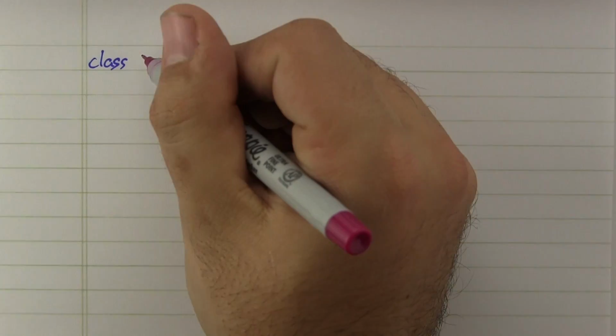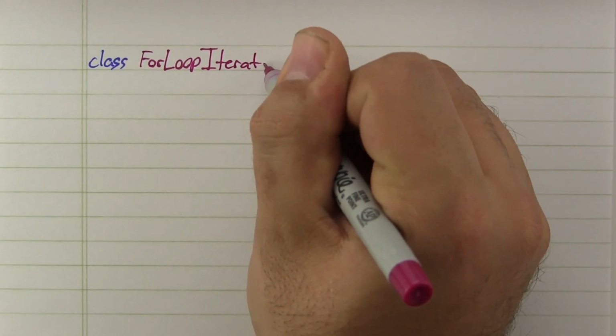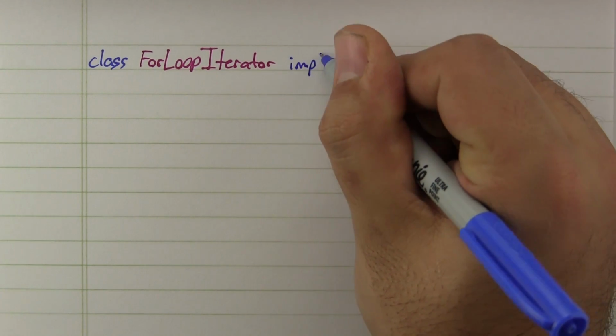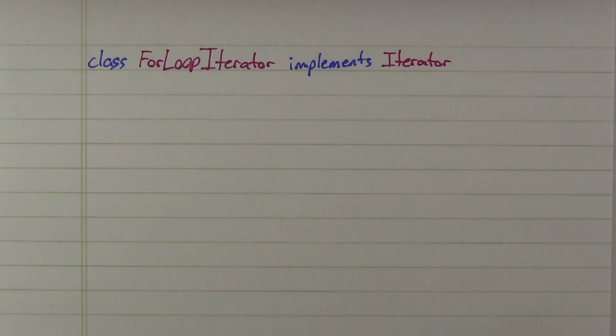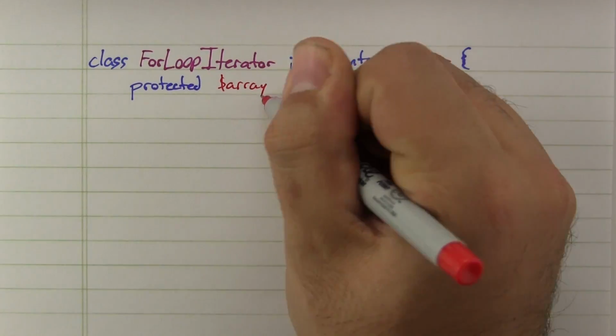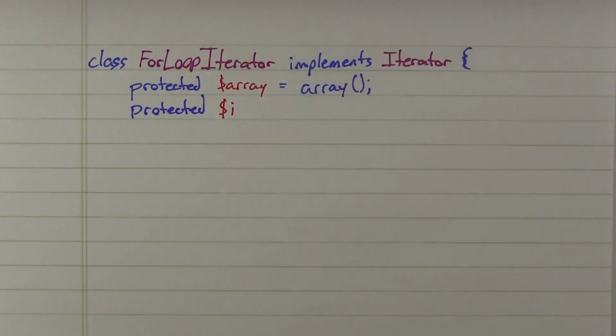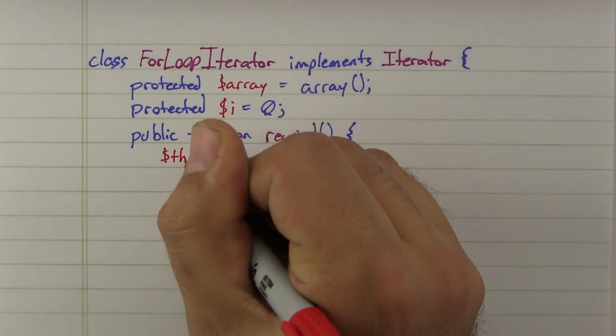So let's build our first actual iterator. Let's build the for loop, but as an iterator instead. First, we need to make our class implement the Iterator interface. This interface defines the 5 methods that we will need to use, but it also enables some magic behind the scenes that lets us use our object in foreach statements.